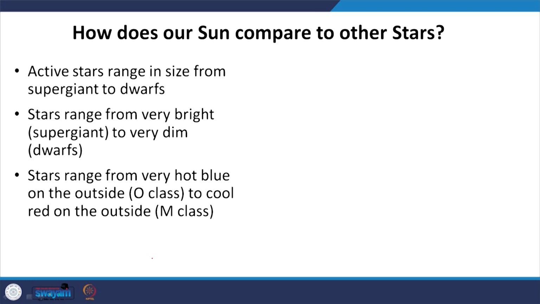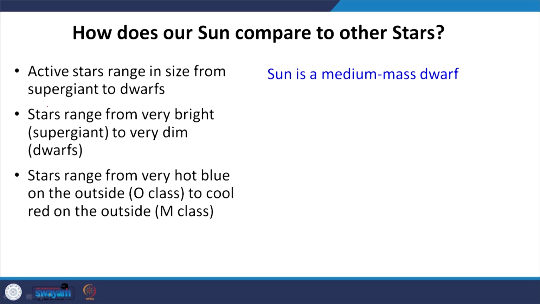So, sun is a star, of course. What kind of star is it, or how does it compare to other stars? Generally, stars range in size from supergiants to dwarfs. In that way, the sun is a medium mass dwarf in terms of size. Stars range from very bright, for example supergiants, to very dim dwarfs.